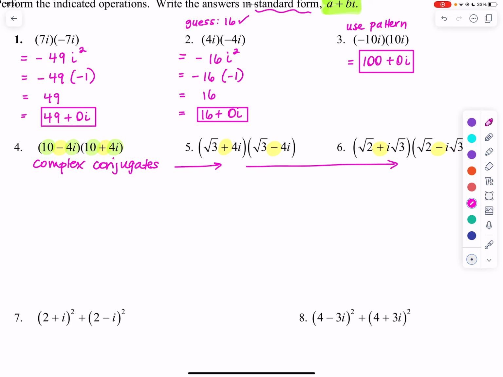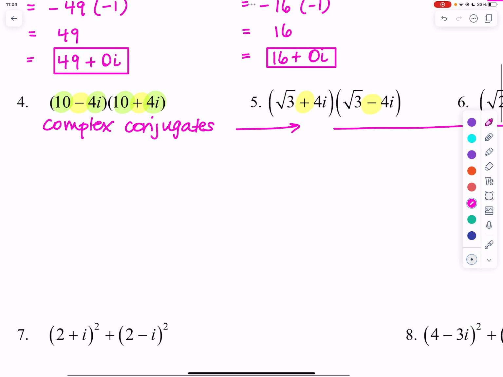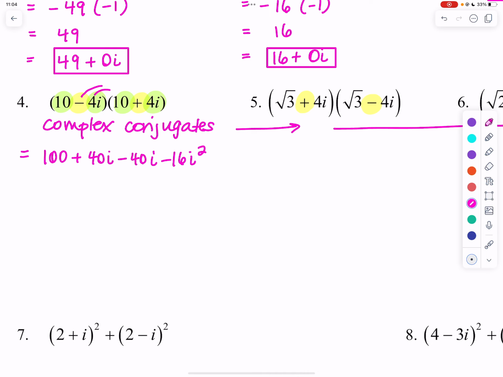So taking a look at number 4, what we will do is we will go ahead and FOIL this. So first, outer, inner, and last. Now, when you multiply inner, take your negative, then multiply your numbers, and then multiply your i. So there should be a nice, smooth transition during multiplication.